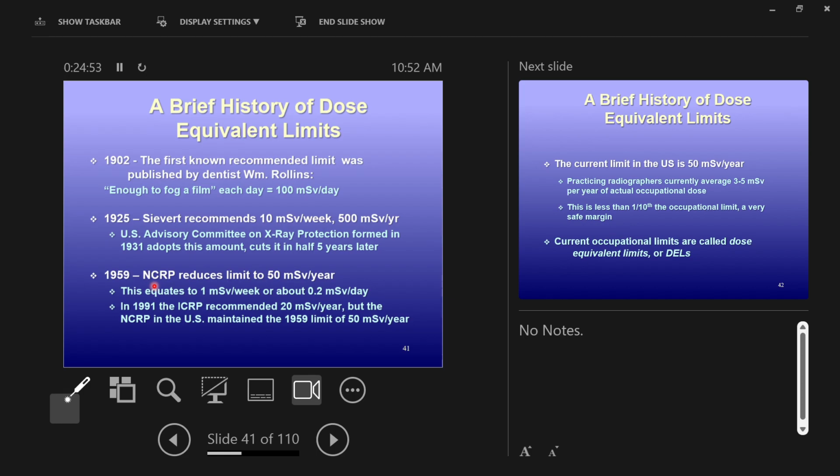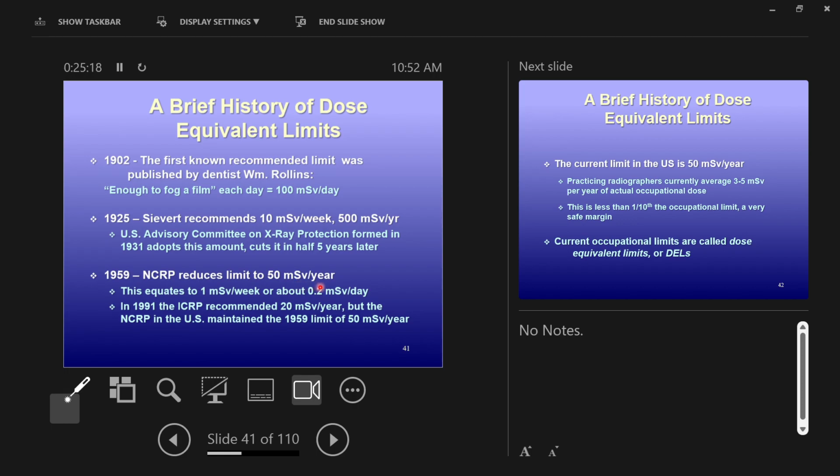In fact, several people died in the experimentation and building of those atomic weapons because of radiation exposure. So we're learning things, and that's just in the U.S. By 1959, we've got some studies done, we've got some data, we know some things. The NCRP reduces the limit to 50 millisieverts per year.